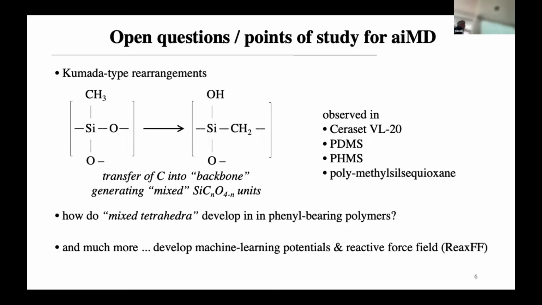Kumada-like is the insertion of a carbon into the polymer backbone, for example, in a polysiloxane, or the insertion of carbon in a polysilane to make you a polycarbosilane whatsoever. And of course, they are observed everywhere.